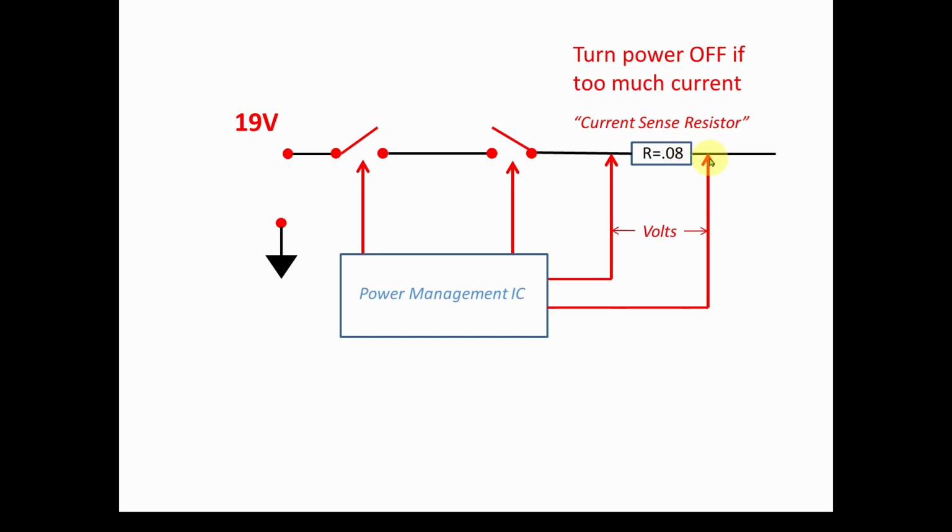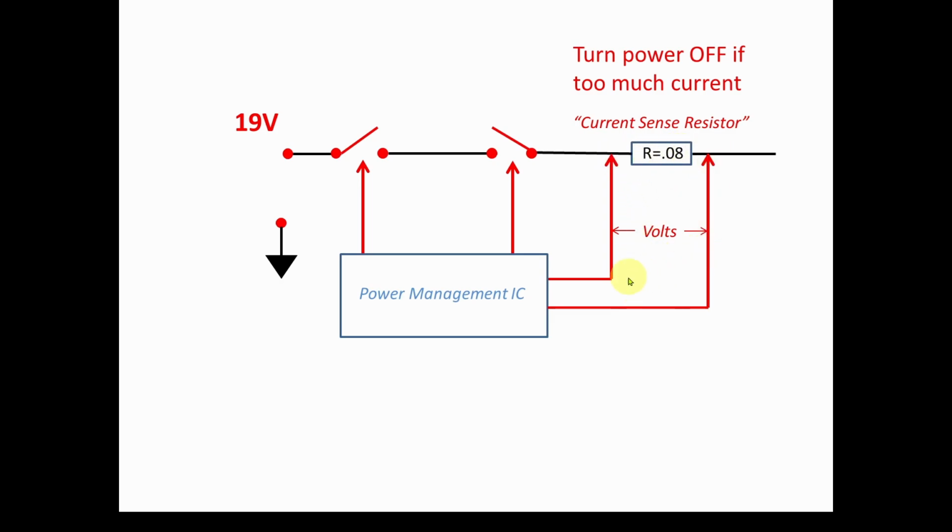So what you can do is measure the voltage across the resistor and feed it into your integrated circuit. By knowing how much voltage, if it knows that this is a 0.08 ohm resistor, it can directly figure out how much current is flowing in that circuit. So if it's 0.24 volts across this resistor, we know that there's 3 amps through a 0.08 ohm resistor.